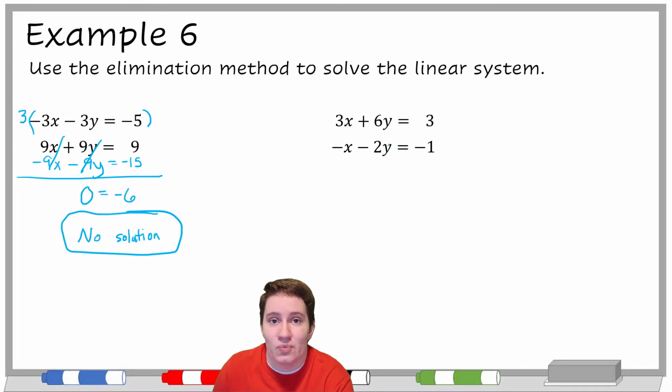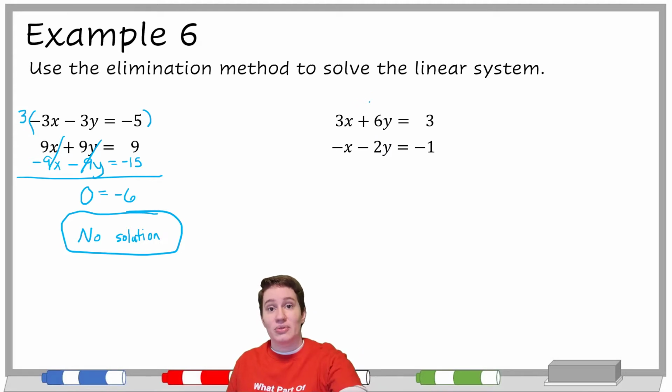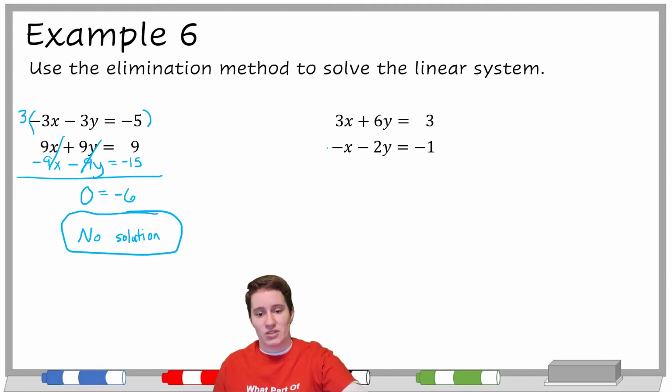The second one, which by process of elimination is probably going to be infinitely many solutions, is actually completely a multiple of the other. So we could look at the second equation and say, if I times by 3, then everything eliminates, right?